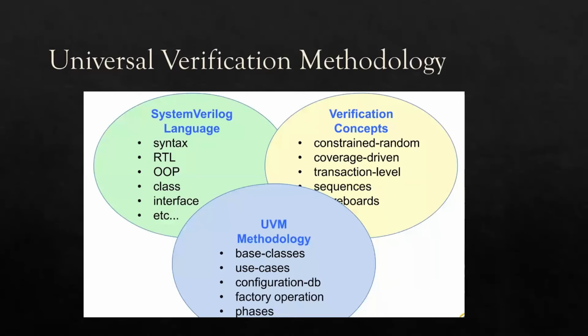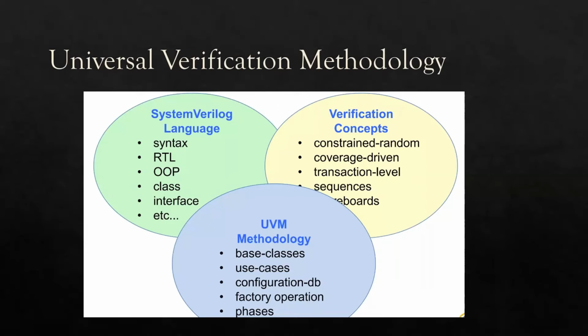Now it comes to universal verification methodology, that is UVM. You can't say UVM is a new language. It's the same. You can say it is SystemVerilog, but with some modification. To be on the same page, the people decided to make a common verification language that will be helpful.